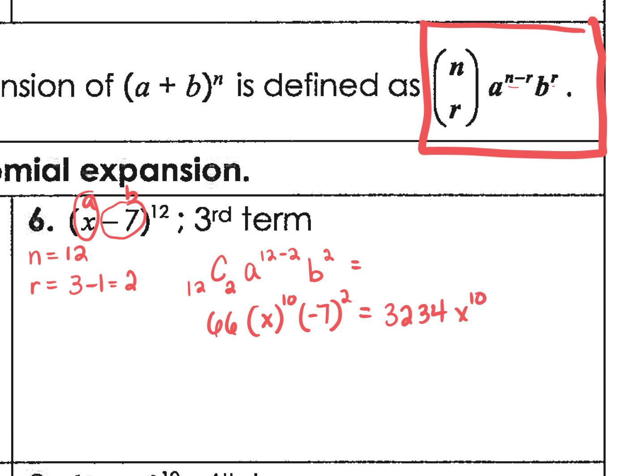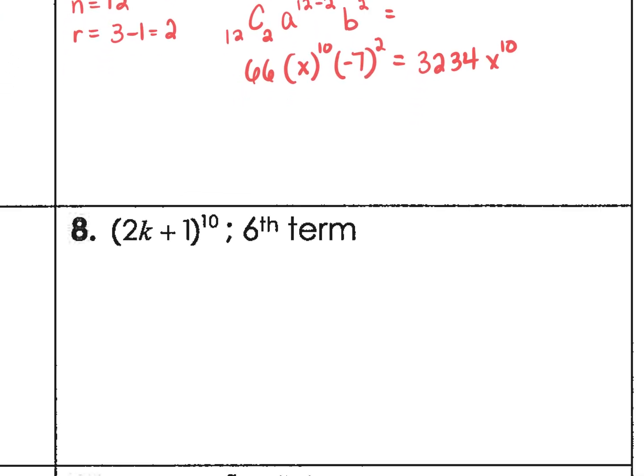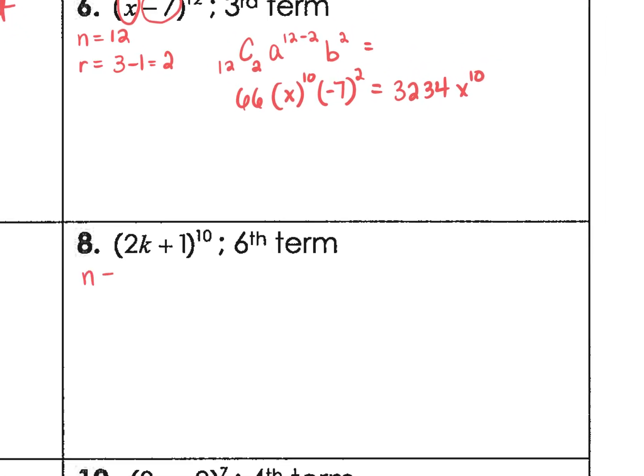X to the 10th, right? All right. So why don't you see if you can do this with number 8? Follow the lead. List your N, list your R, and then plug in.